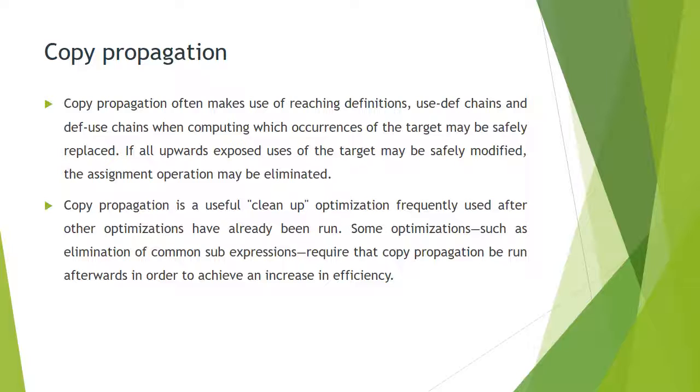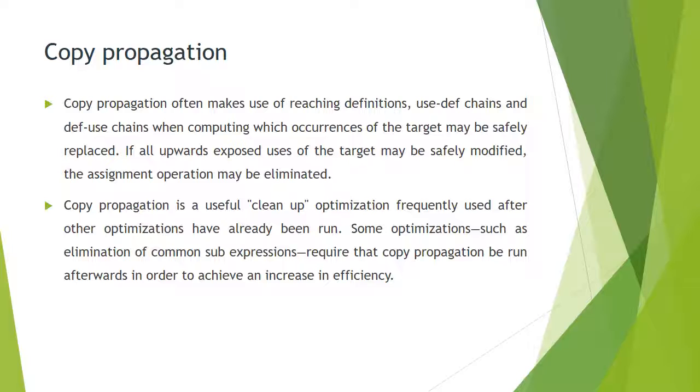Copy propagation often makes use of reaching definitions, use-def chains and def-use chains when computing which occurrences of the target may be safely replaced. If all upward exposed uses of the target may be safely modified, the assignment operator may be eliminated.